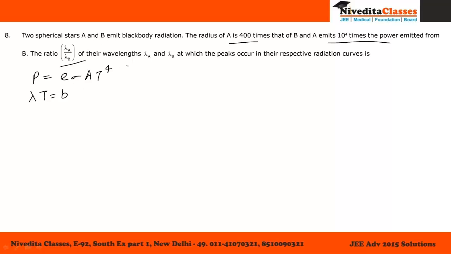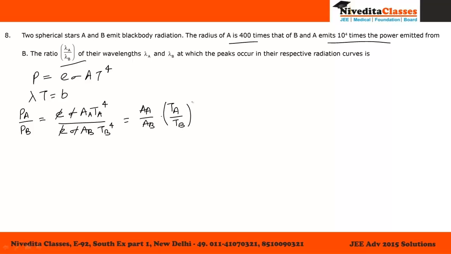Now to find the ratio, we can take the ratio of power of star A and B, which we can write as e sigma A_A T_A raised to power 4 divided by e sigma A_B T_B raised to power 4. This e gets cancelled out, this sigma gets cancelled out, and then we have A_A divided by A_B, and we have T_A divided by T_B raised to power 4.